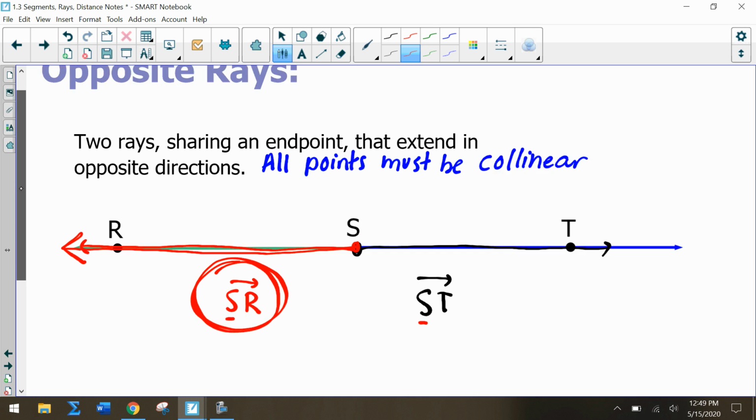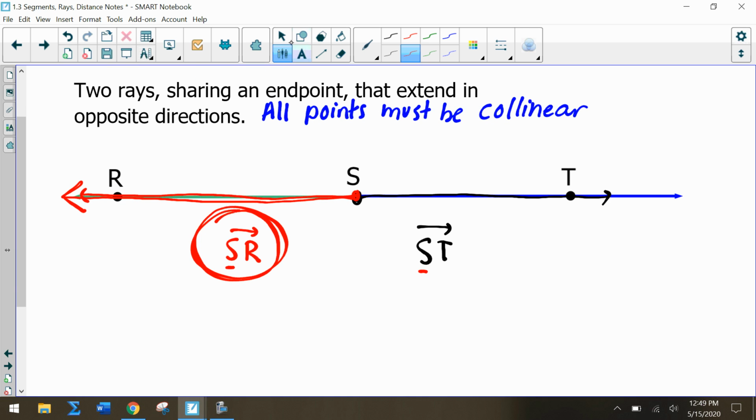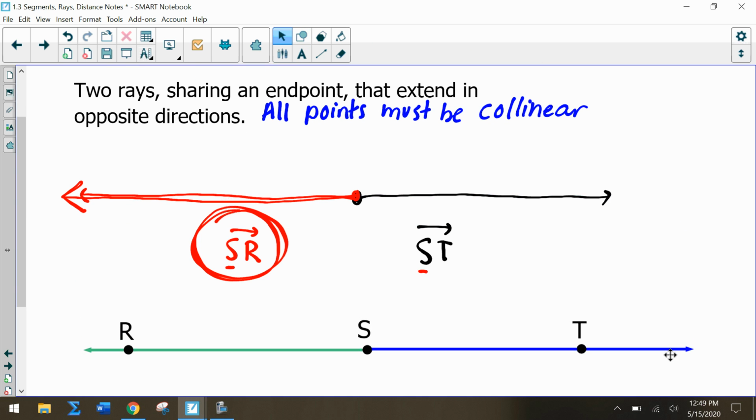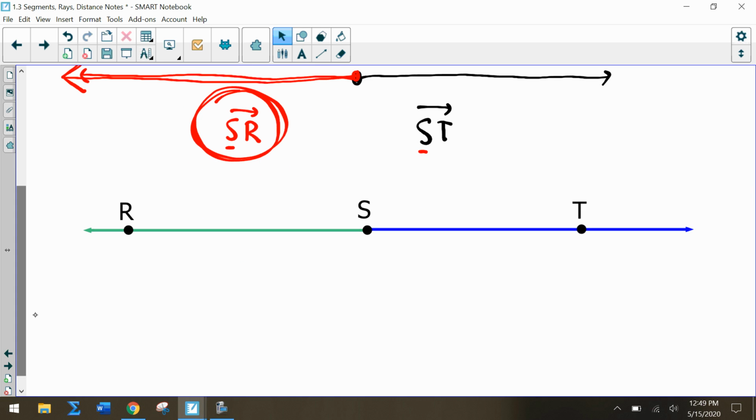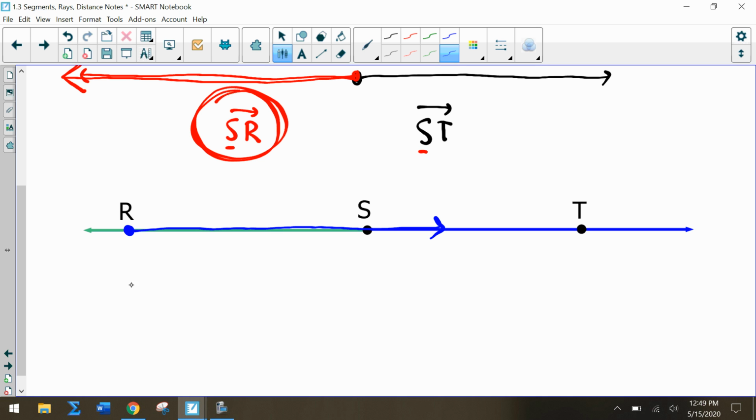So let's look at this diagram again for a different example. I can name a ray that has 2 common points, right? What if I started at R and went through S? This is ray RS.